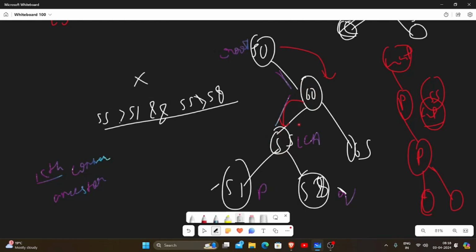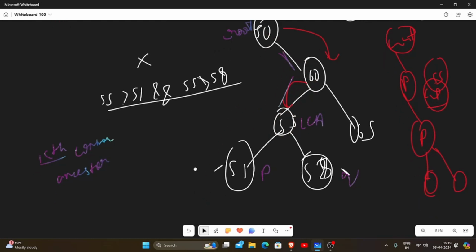I gave a math-intuitive logic with the reflexive property, but diagrammatically it is very clear that if this is an ancestor, then this is also an ancestor to both of these P and Q. So from this LCA, the lowest common ancestor, to the root, all the nodes should be common ancestors. If you understand till here, we have actually solved this problem now.